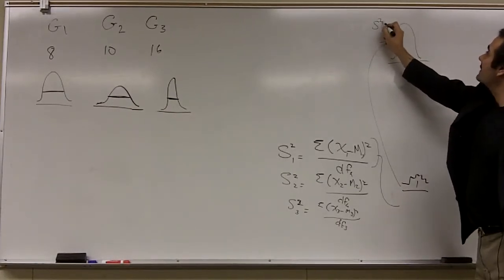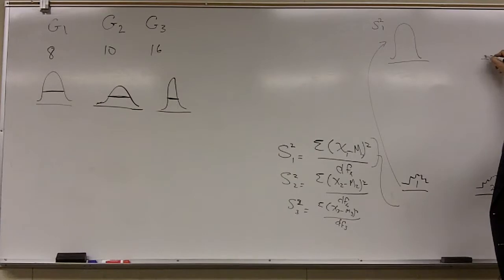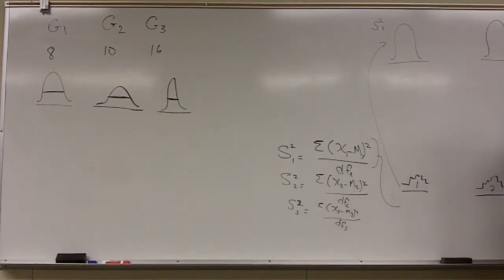This one, S squared 1. And we estimated S squared 2 by using the sum of squared deviations divided by degrees of freedom of the second group. And we can do it a third time for the third group.